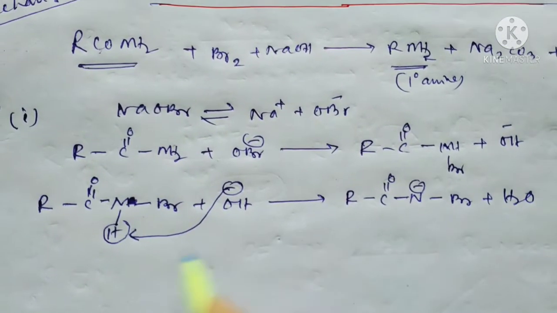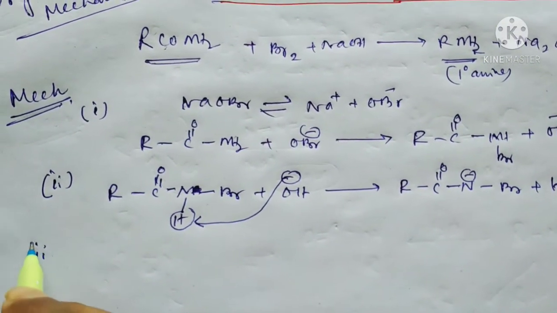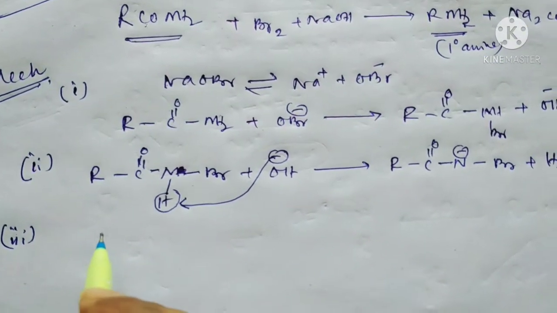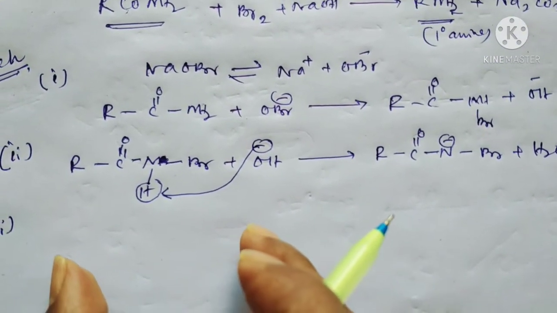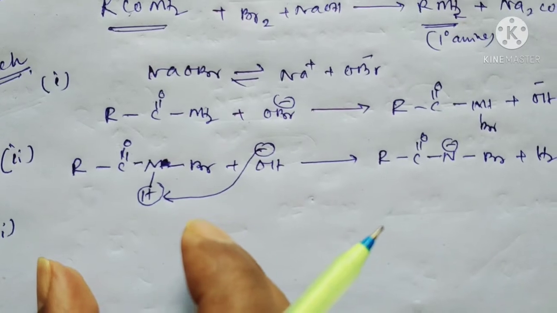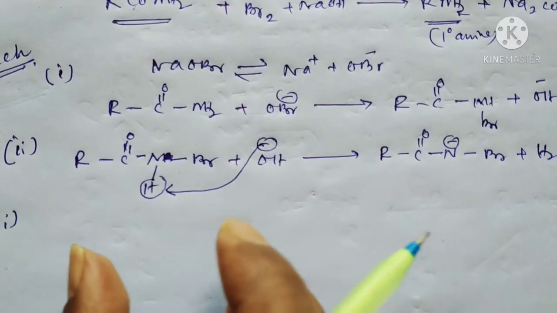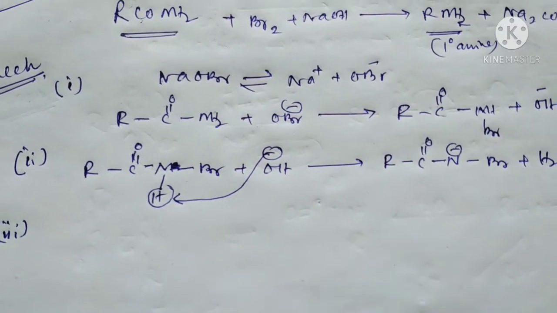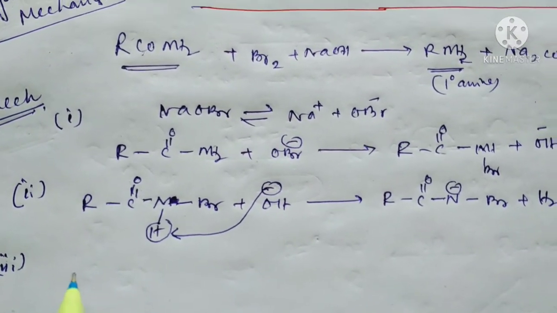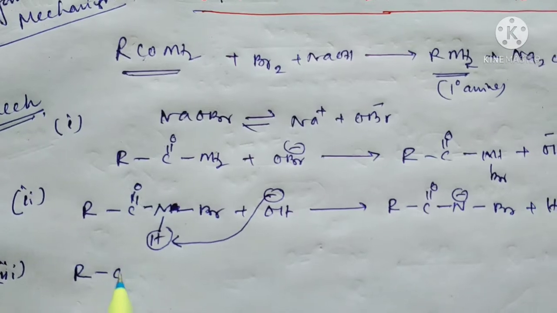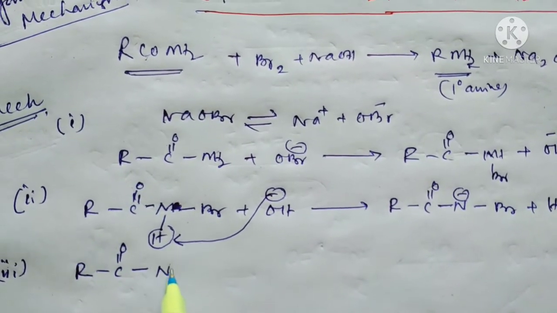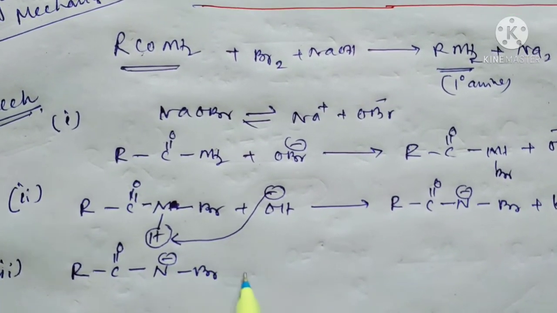Now in step number 3, you can see the separation of the halide ion, forming the highly unstable acyl nitrene intermediate. Now it forms the acyl nitrene. How does it form? This minus and bromine.